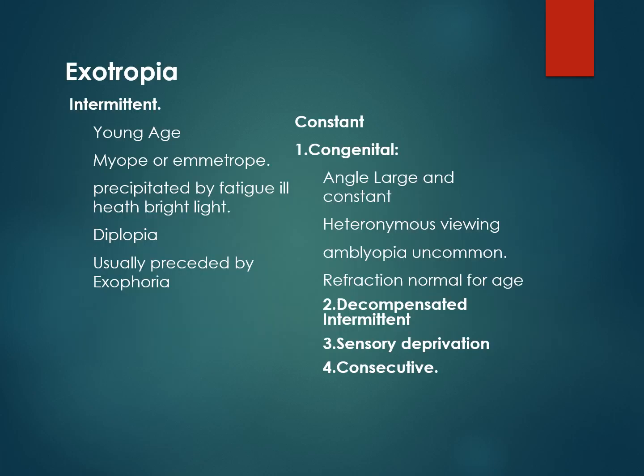This picture shows an infant with right esotropia, right convergent squint. Exotropia, or divergent squint, can be intermittent or constant. Intermittent occurs in young age. The patient is emmetrope or myope. It is precipitated by fatigue, ill health, inattention, and bright light.